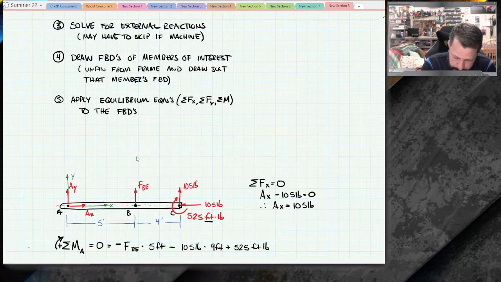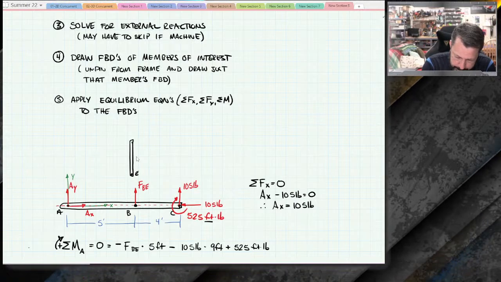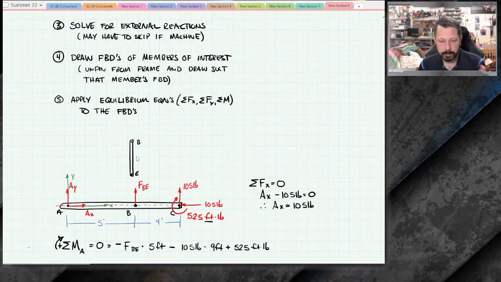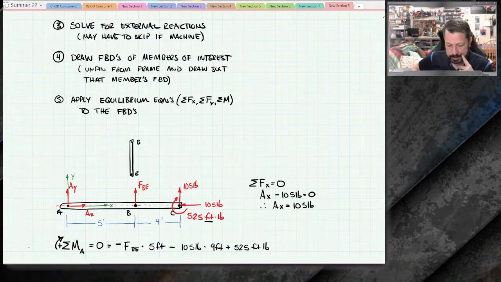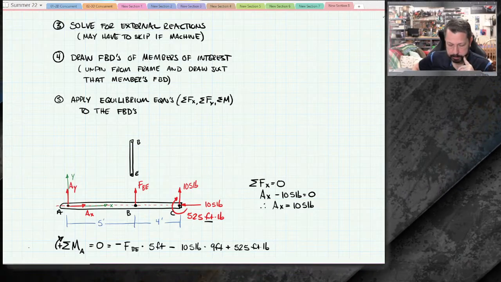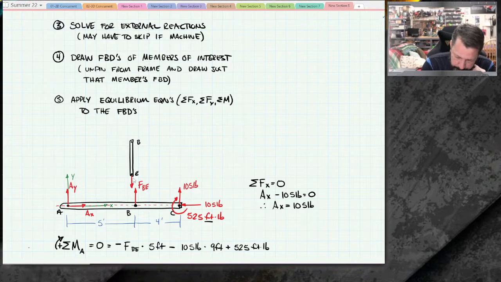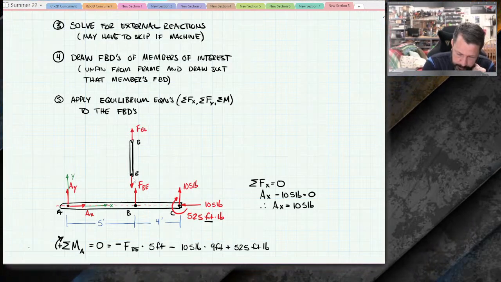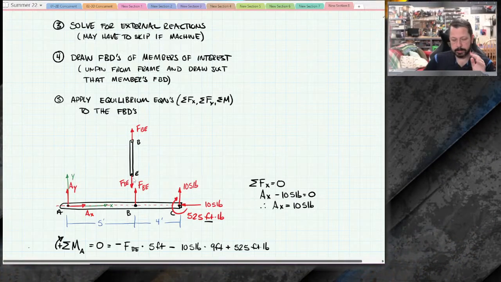So if I go and draw BE, I have to keep following this same convention that I set. So I said that force in BE points away from the body. So that means at E, it has to point away from the body. And at B, it has to point away from the body. Same magnitude on all of those, but that's the sign convention.